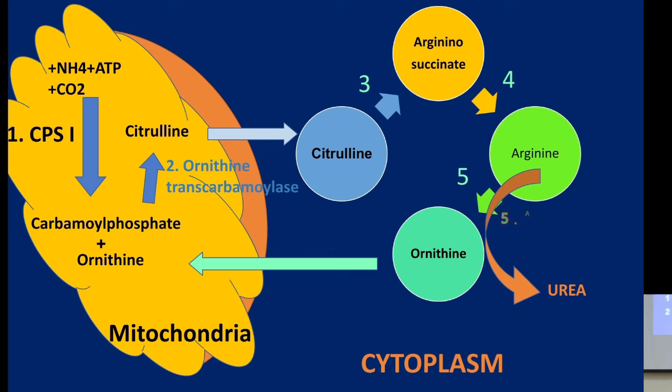Arginine is broken down by arginase, which produces urea and ornithine, and ornithine is now transported back to the mitochondria, and the cycle can begin again with another molecule of carbamoyl phosphate. Okay? So know what enzymes are in the mitochondria, what enzymes are in the cytoplasm, and the sequence.